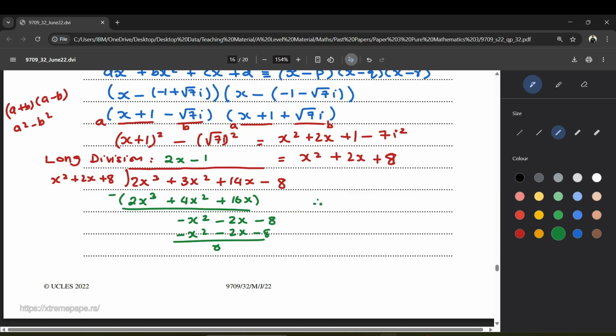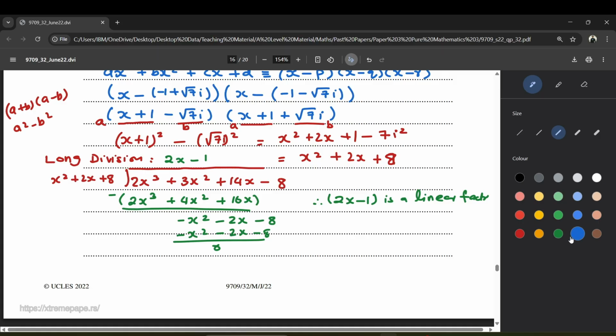So therefore 2x minus 1 is a linear factor. Okay, therefore the root basically means x, right? So x is equal to half.